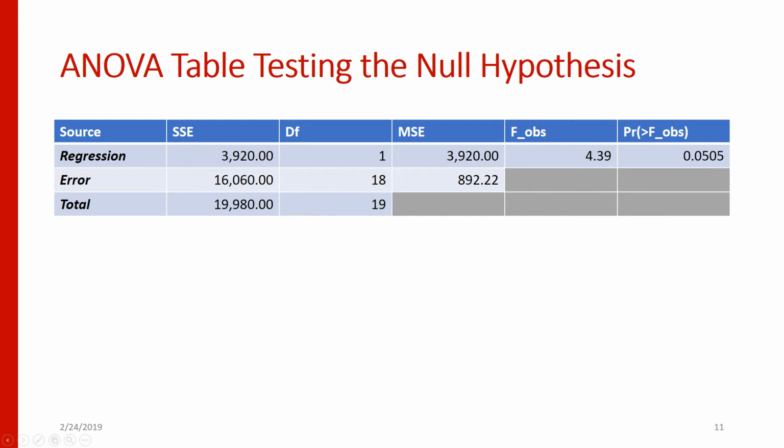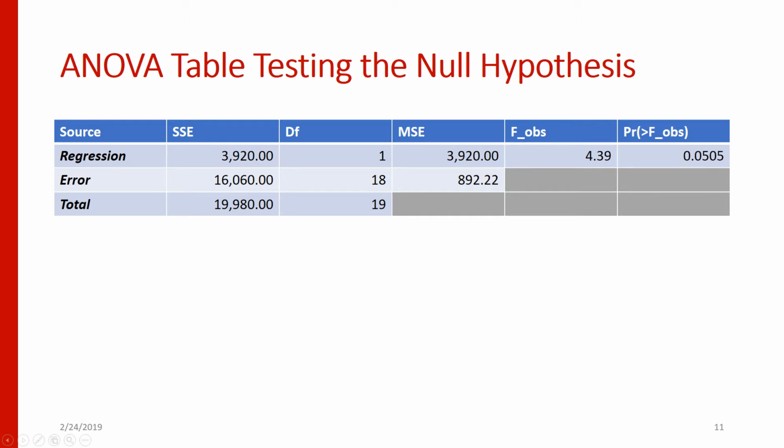Now, if we actually want to make a statistical inference about this reduction in error, we have to complete our ANOVA table. So we have our total error from Model C. This is essentially the amount of variation in Model C that we had to work with from the beginning. And then we have the error left over in Model A. And then the error explained by the regression is the difference between those two scores.